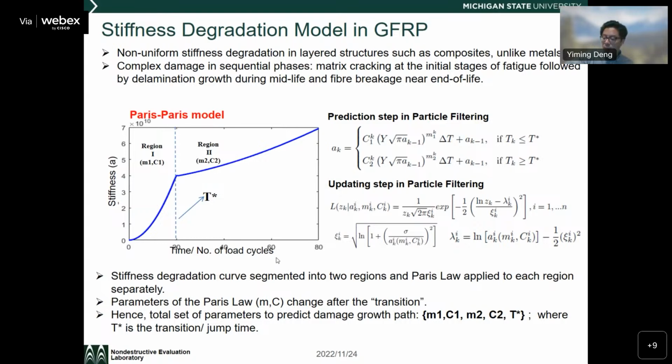Take a step back. If you're working on metal fatigue problems and looking at damage growth in metals, the Paris model is well known.